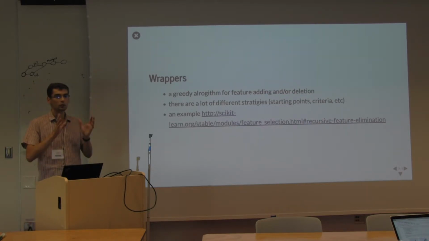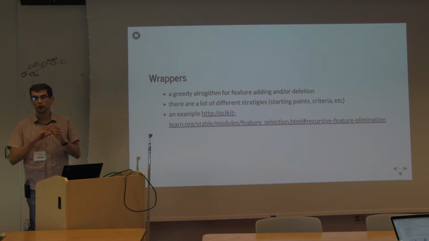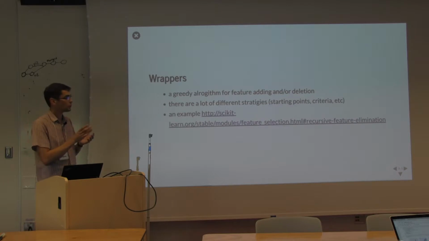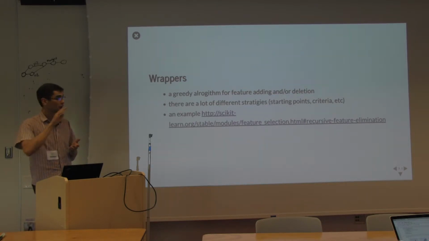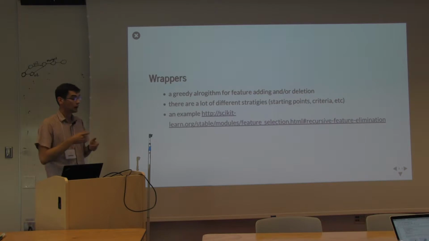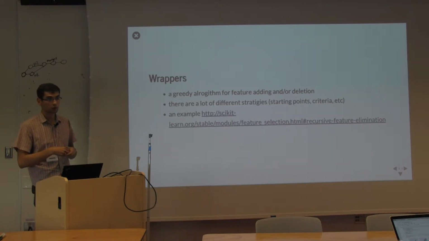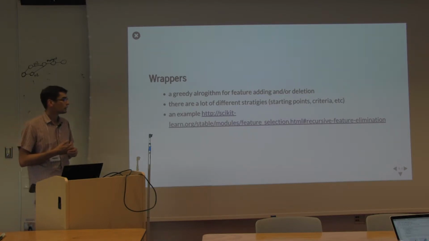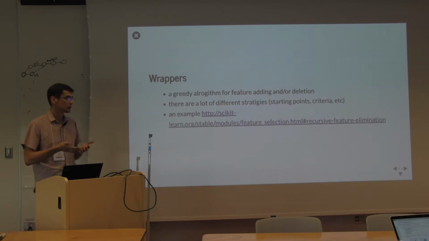So we build a model using all features and then estimate which feature is the least important for this particular model. Then we drop it and re-estimate our model using the reduced set of features, and then we can repeat this procedure the required number of times, and finally obtain some set of features.